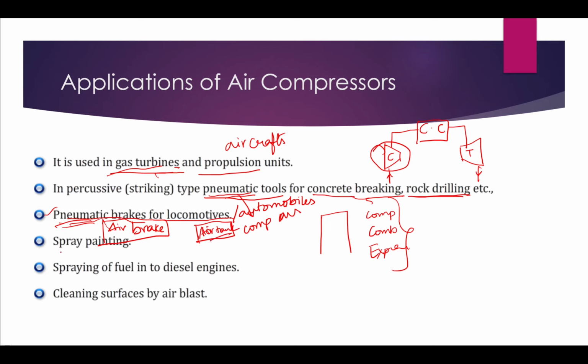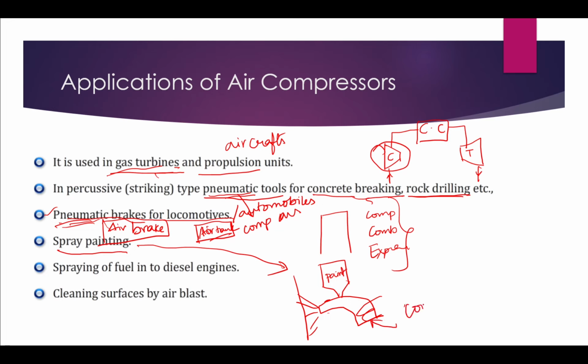Then again, spray painting. For spray painting, you have observed that in many applications there will be a gun and a spray tank like this. One person will hold this gun and spray it on a wall or something like that. Here paint will be filled, and this will be connected to a compressed air tank.